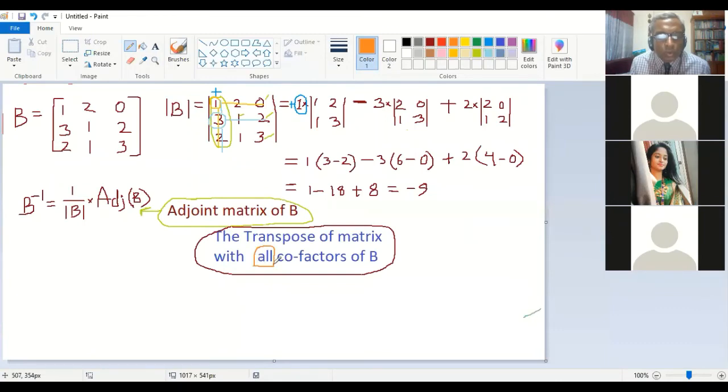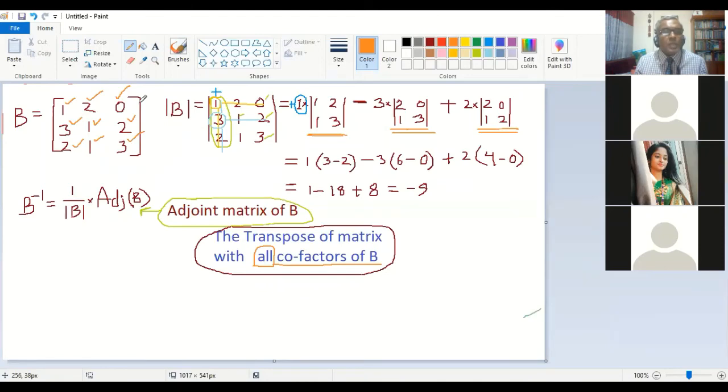So what is all cofactors? It means not only three cofactors like this. This one is the cofactor of 1, this one is the cofactor of 3, and this one is the cofactor of 2. So not only three cofactors, you have to find all the cofactors: the cofactor of 1, of 2, of 0, of 3, of 1, of 2, and then 2, 1, and 3.